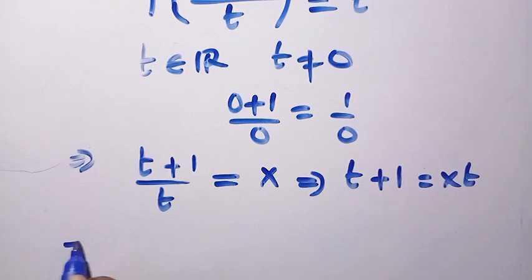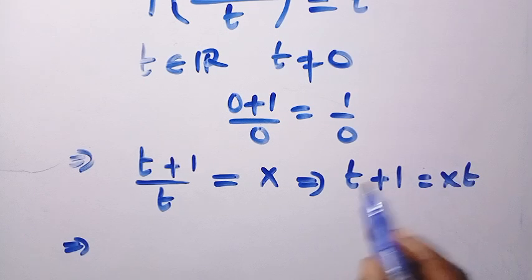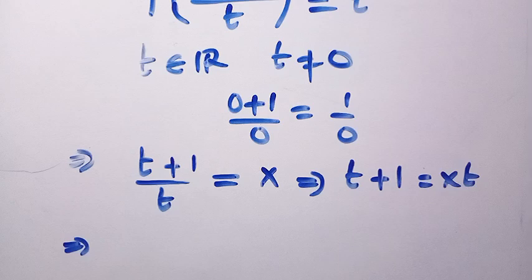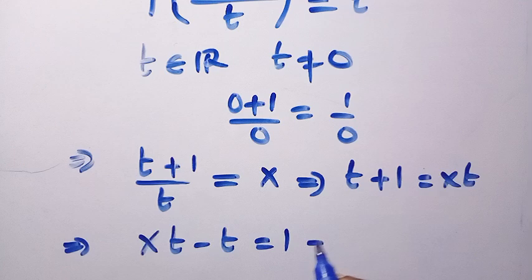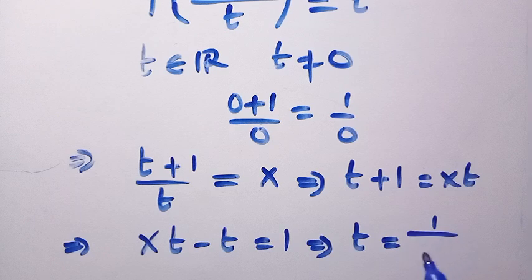By this, we have to transfer this xt to this side and take this 1 to the other side. So we have xt minus t equals 1. Factoring out t from here and dividing both sides by x minus 1, we are going to have t equals 1 divided by x minus 1.